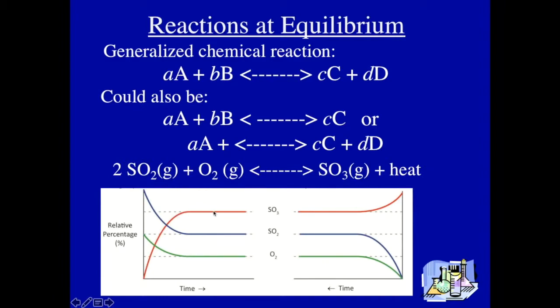If I only started with sulfur trioxide, eventually I would actually reach an equilibrium where we still have the same amount of sulfur dioxide and the same amount of oxygen. The meaning of equilibrium at this particular temperature and pressure is whether I start with these 2 reactants, I make that product, they all come into balance, or I start with this reactant and these 2 products, it will decompose to form the same balance. This is the equilibrium. This is the state where everyone is happiest at that particular temperature and pressure.